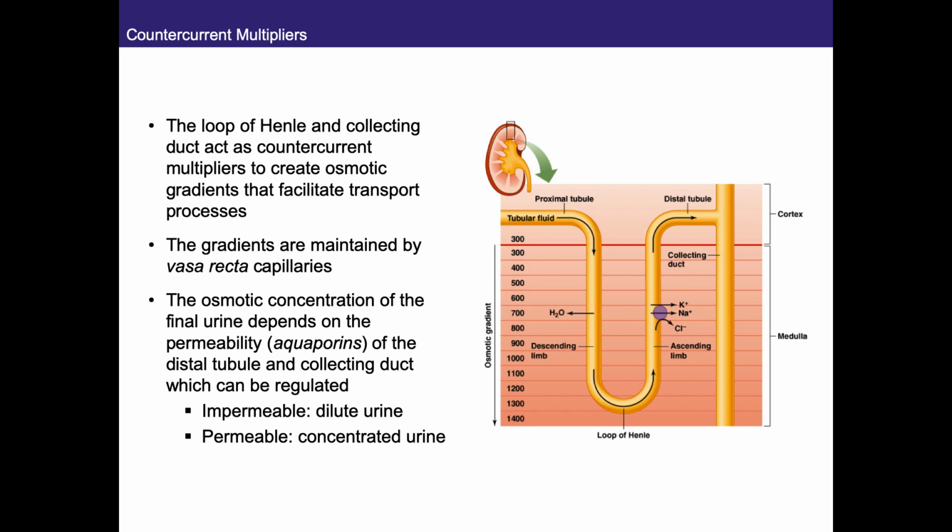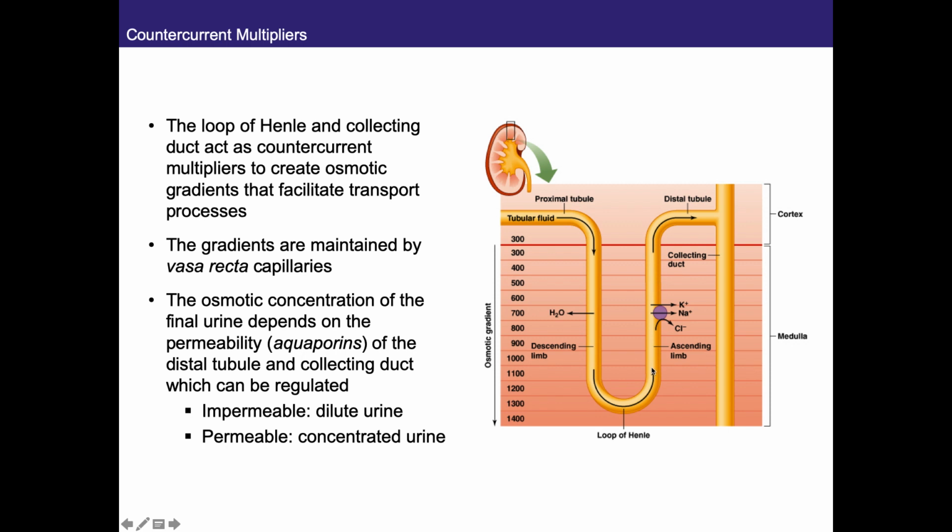Okay, so when we're talking about the thin descending limb, you can see it's actually going towards the inner medullary region. And then the thick ascending limb is going in the opposite direction. So that's what's called a countercurrent. And because of that countercurrent and the active transport mechanisms, the pump is really involved in this.